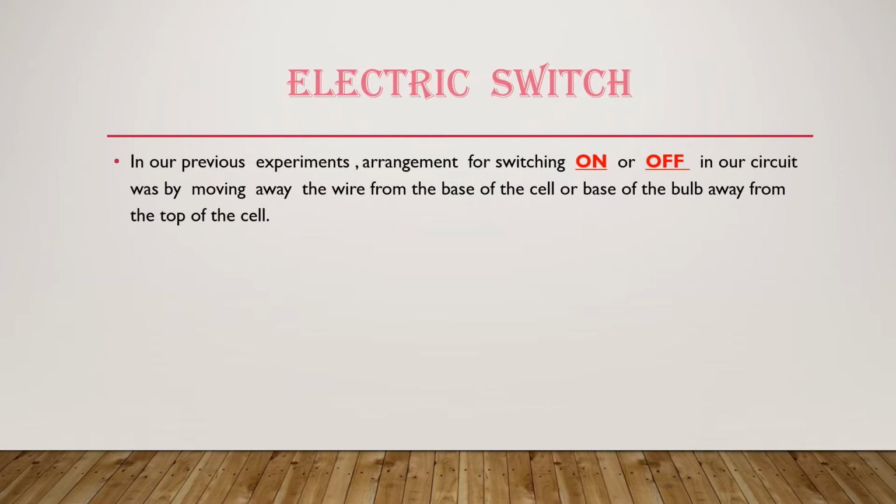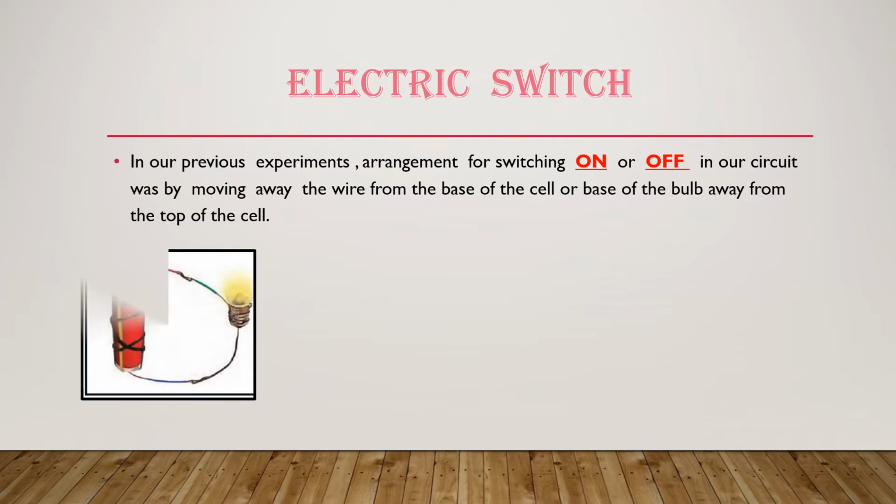Now, electric switch. In our previous experiments, the arrangement for switching on or off in a circuit was by moving the wire away from the base of the cell, or moving the bulb away from the top of the cell. Now in this picture you can see how you made your circuit.